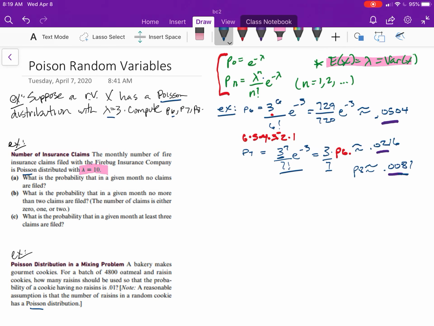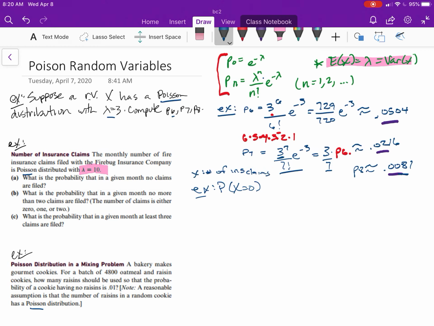Okay. Next example with this insurance claim. What is the probability that in a given month no claims are filed? Written out in probability, we would say the probability that x equals 0, since x is the number of insurance claims.